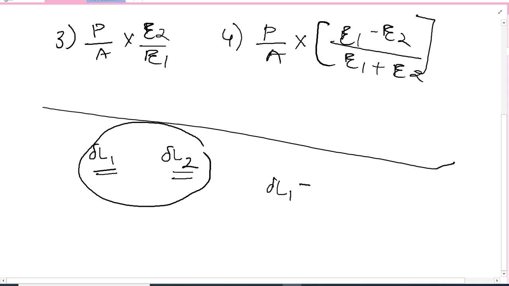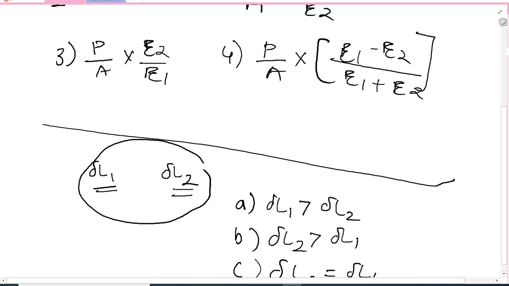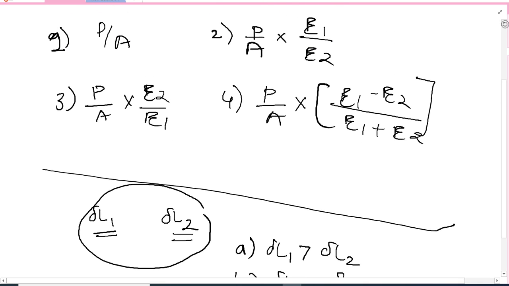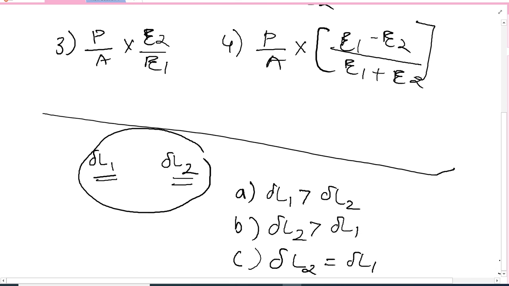Delta L1 is greater than delta L2, or delta L2 is greater than delta L1, or both are the same. So three options, and that means here you have to tell about the stress in both the sections, and here you have to tell about which deformation will be greater.